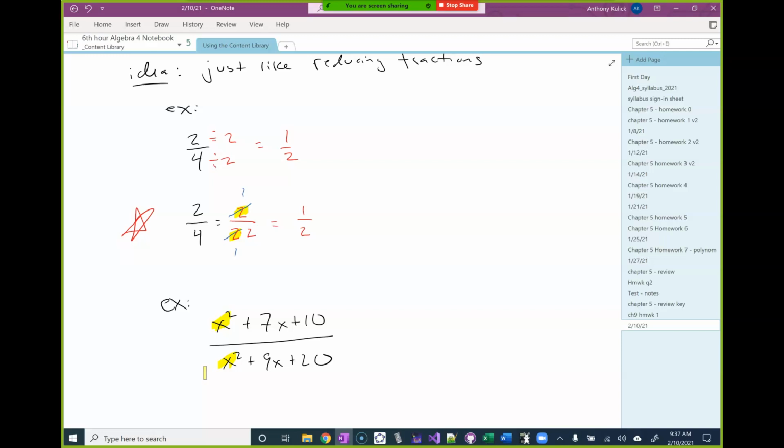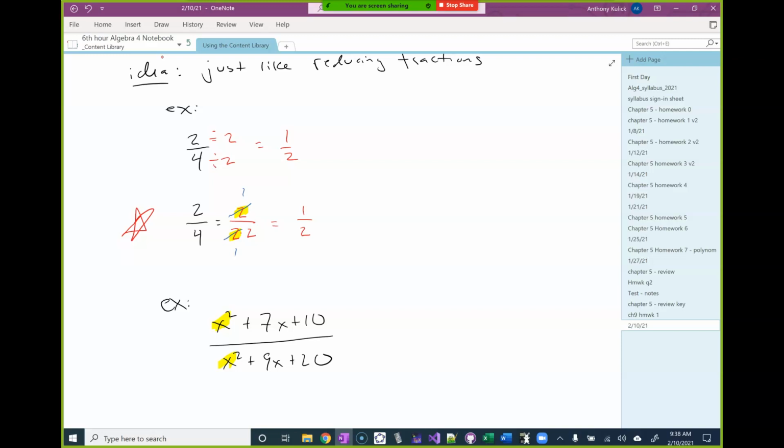In all the problems we're going to do in this chapter, the first step is going to be factor, because we cannot do any reducing until that is done. Whether we're adding, subtracting, multiplying, dividing, or solving, the first step is always to factor. So x squared plus 7x plus 10 is a quadratic polynomial with a leading coefficient of 1, so we should be able to use a shortcut.